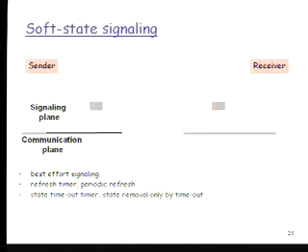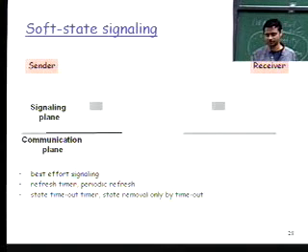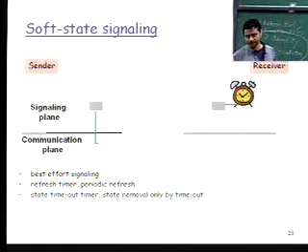There is a state timeout timer, and if the receiver does not receive this refresh message, then after a timeout period, the receiver will remove the state. And in pure soft state signaling, that is the only way a state is removed. Once established, if you don't receive a refresh, then after a timeout interval, you're going to remove the state.